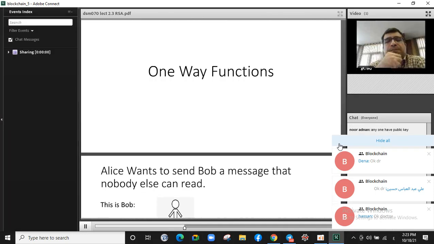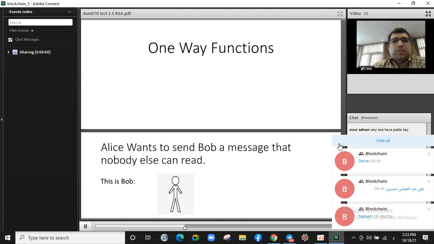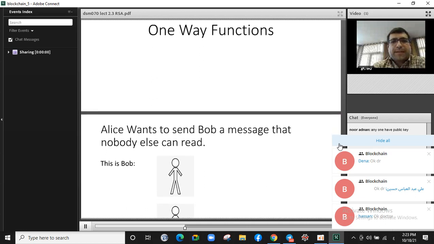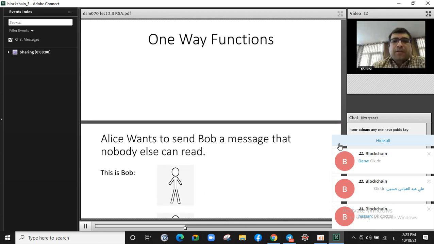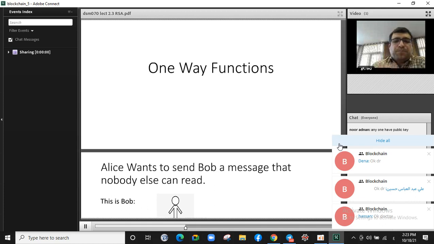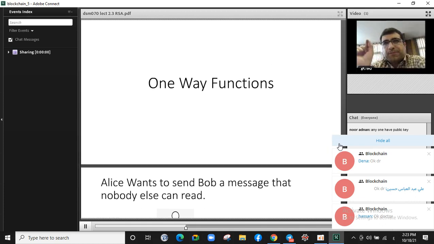Okay, now we are ready to talk about RSA. Like cryptographic hash functions, encryption algorithms are also one-way functions.